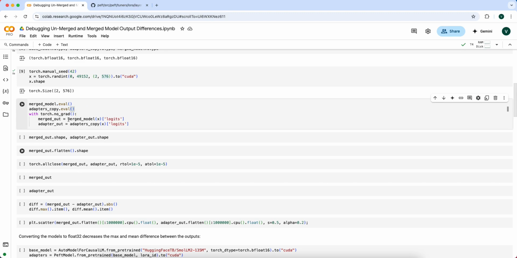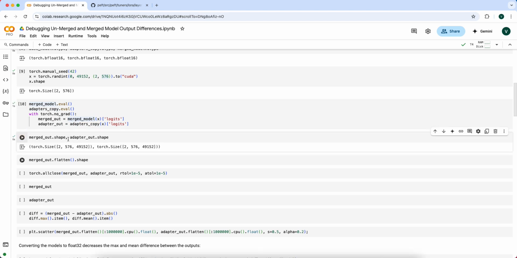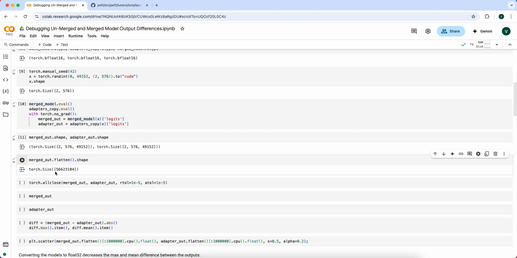So I have my merged model and I'm going to pass my input, and then I have my adapters copy and I'm going to pass my input. We look at the shape: we get 2 by 576 by 49,152. This turns out to be 56 million values.